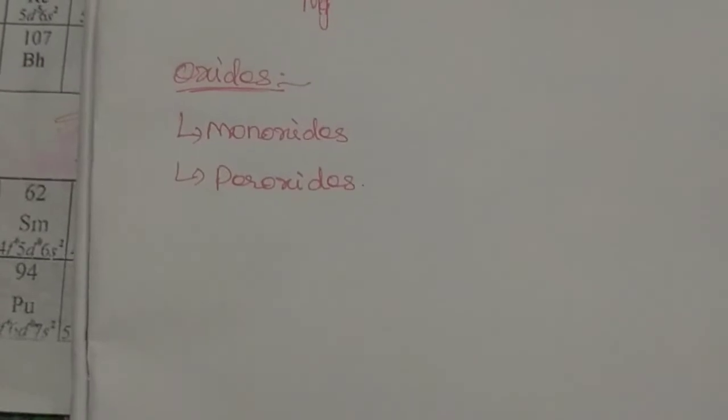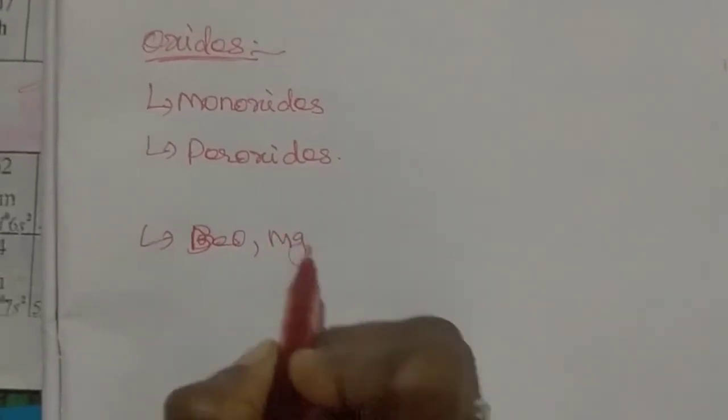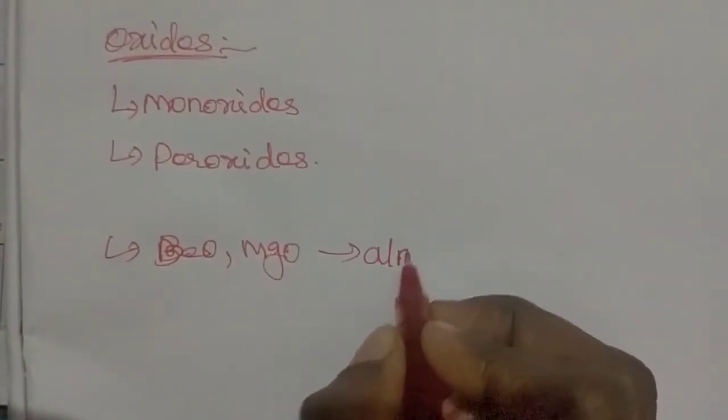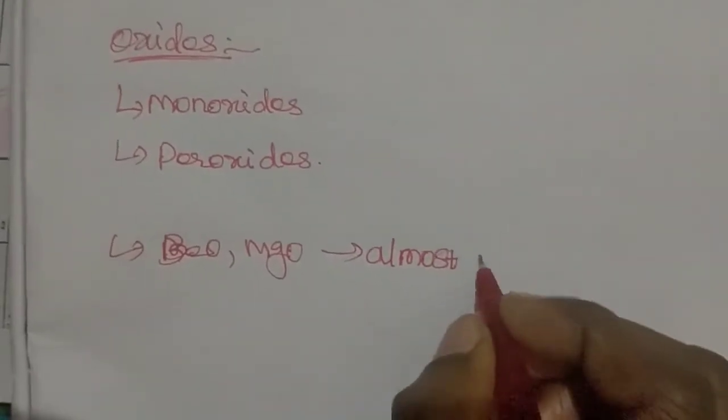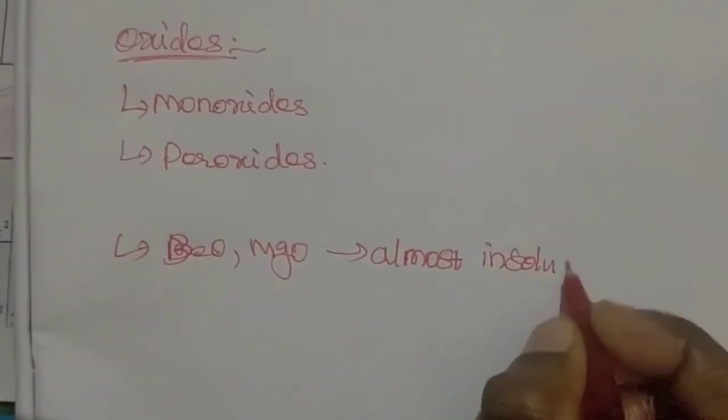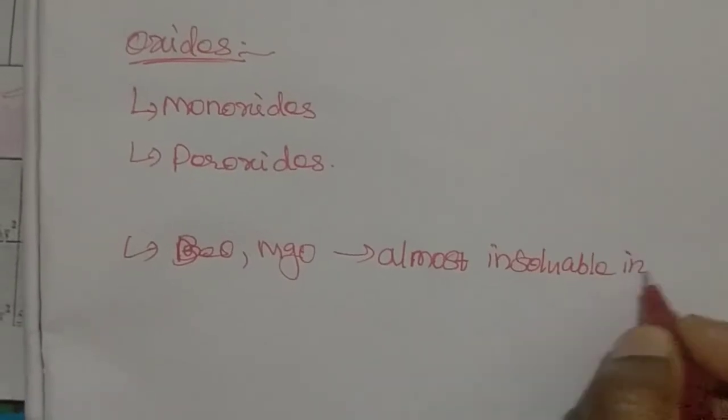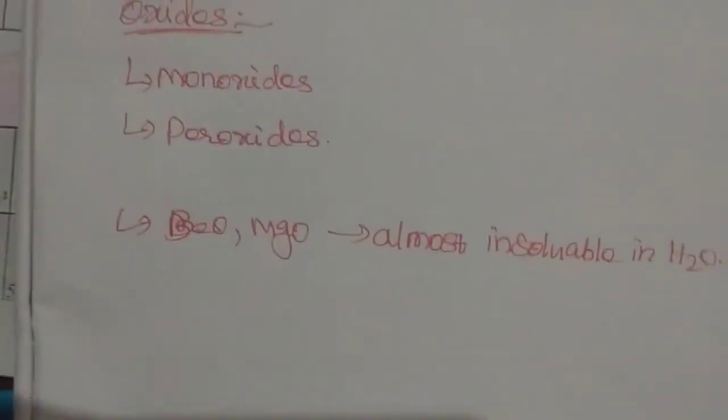Of the monoxides of these alkaline earth metals, beryllium oxide and magnesium oxide, that means BeO and MgO, both are almost insoluble in water.